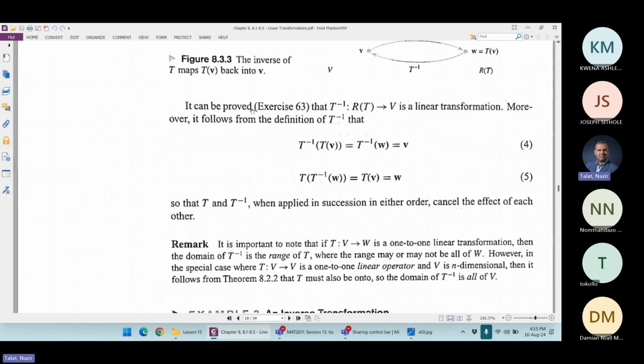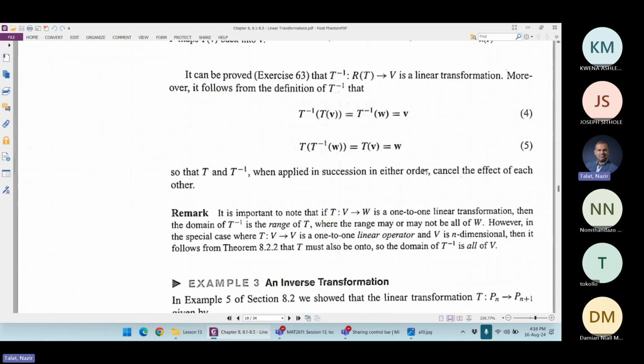Now one can see how it behaves. If T inverse is the inverse of T, then it always fulfills the relation that T inverse of T(v) is the same as v, and T of T inverse of w is equal to w. It means T and T inverse are basically the inverse of each other.